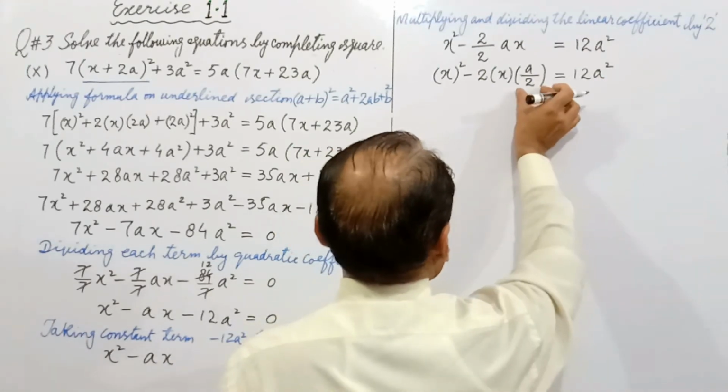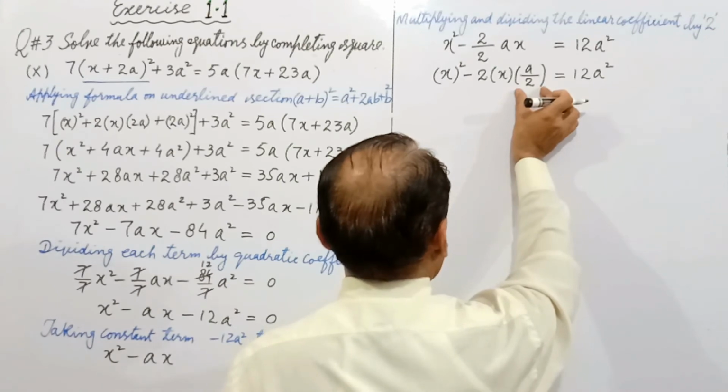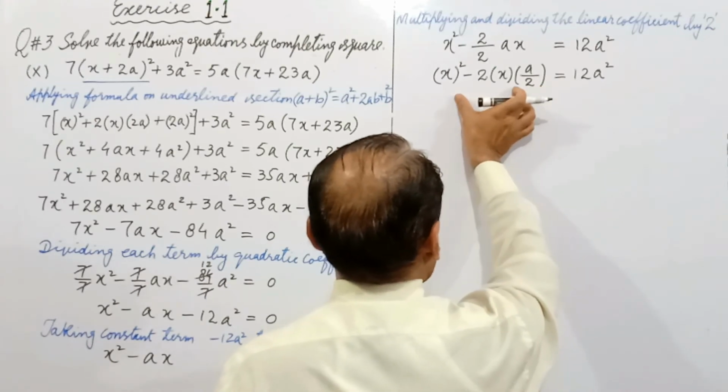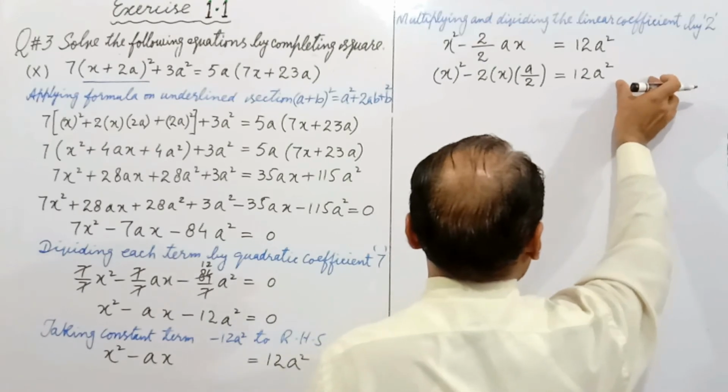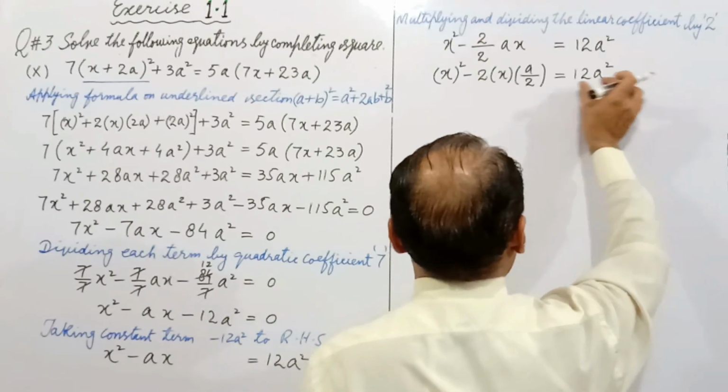If we add the square of a over 2 in the left hand side, we have a perfect square, but we have to add the same value on the right hand side to follow the condition of equation.